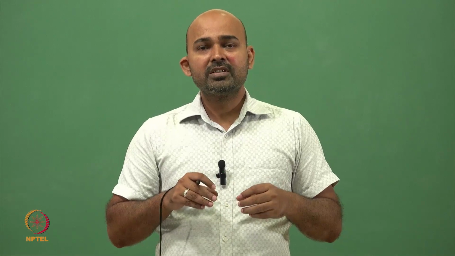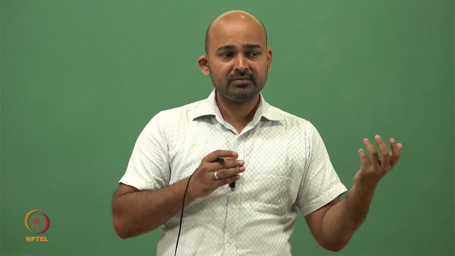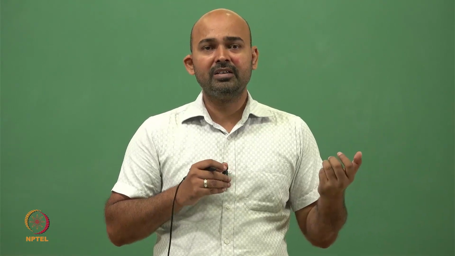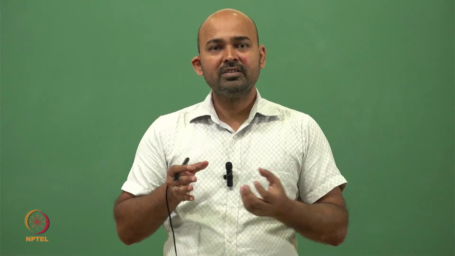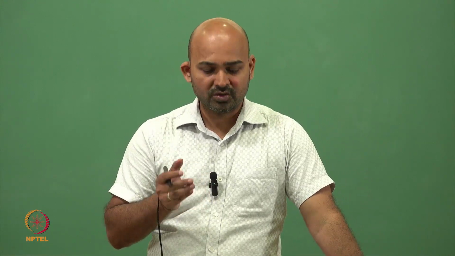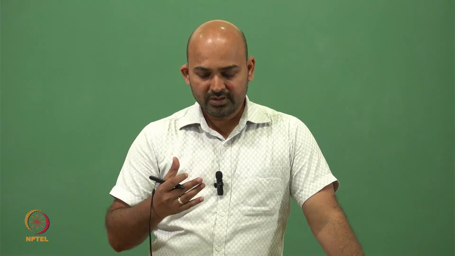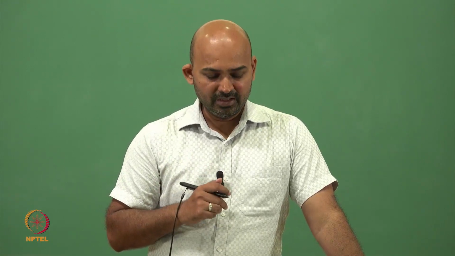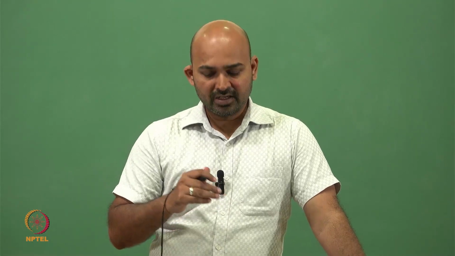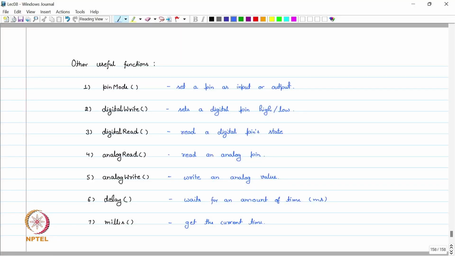Analog read is used to detect how much voltage is supplied at the pin by the sensor, and this voltage will be used for further calculations or programming. So analog read is to read the analog signal from that pin. Similarly, analog write is the function which is used to apply an analog value to the pin.